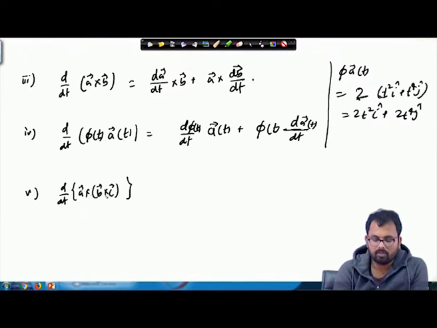I cannot have A dot B dot C, because then B dot C is a scalar, so it is not the same definition here. So we are not writing that formula.